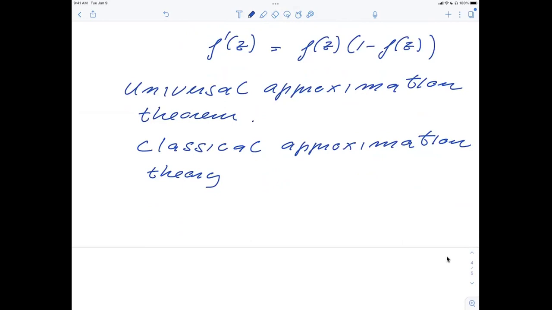And then we assume that this function is continuous on the unit circle. And then we have theorems, like the Stone-Weierstrass theorem, which states that for each error which we fix, there exists a polynomial of a certain degree.